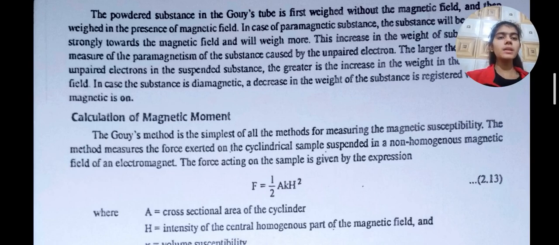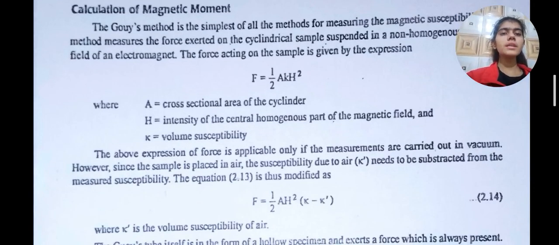The force acting on the sample is given by the expression F = 1/2 A K H², where A is the cross-sectional area of the cylinder, H is the intensity of the central homogeneous part of the magnetic field, and K is the volume susceptibility.